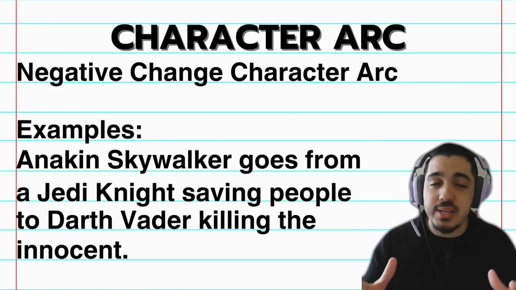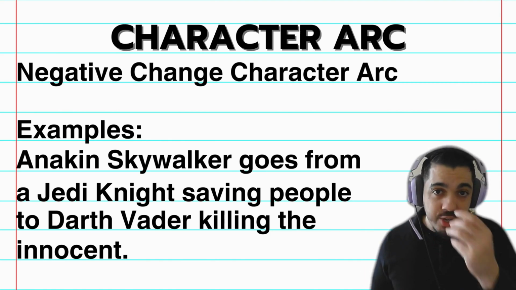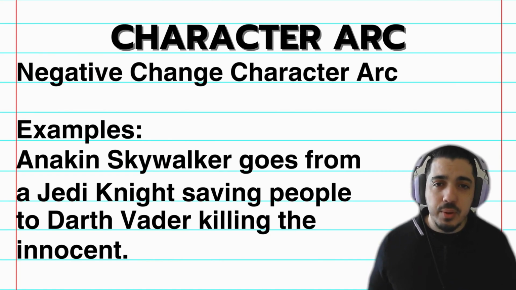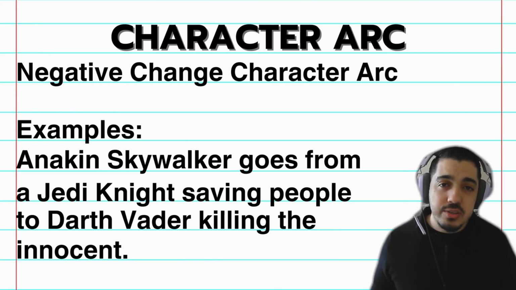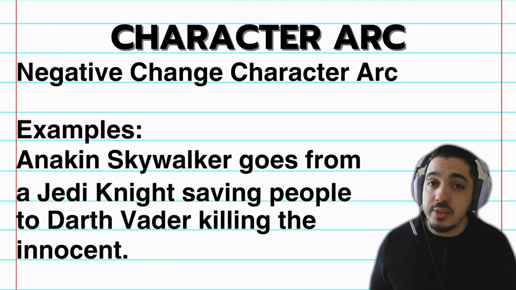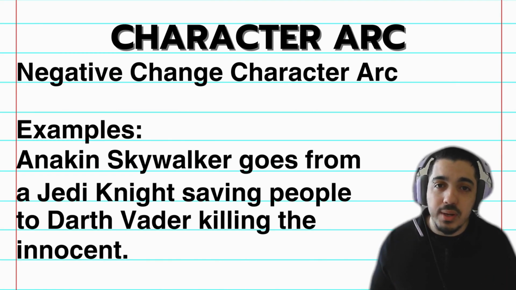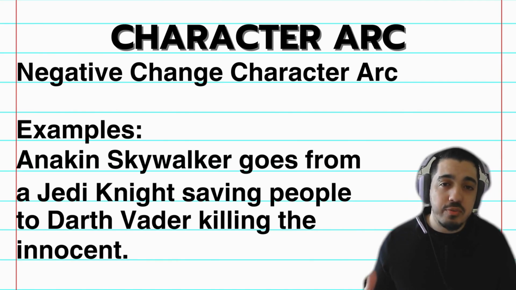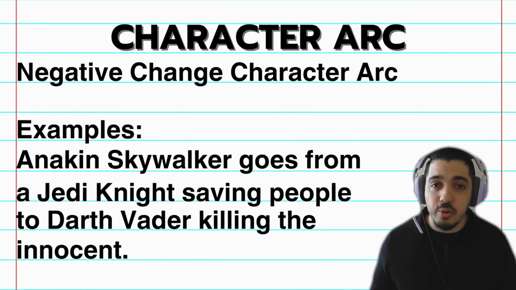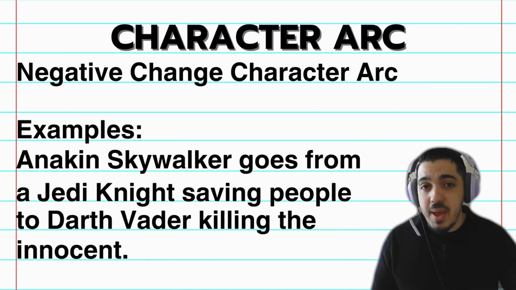He pretty much is this guy who's saving planets, trying to protect the world, and then when he realizes he's going to lose the love of his life and his kids, then he starts to accept evil, right? The dark side, to save the one he loves, and that's when he becomes Darth Vader. And then his arc went from this good guy to this horrible guy, and he ends up killing so many innocent people, many Jedis, and he was set on a destructive path.